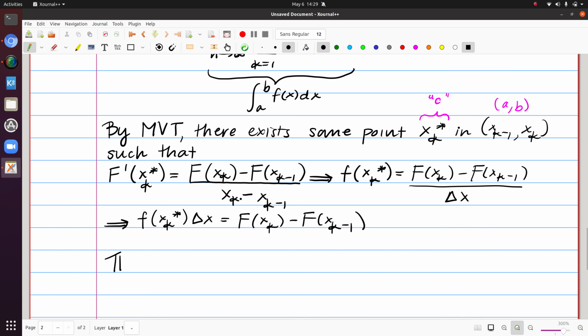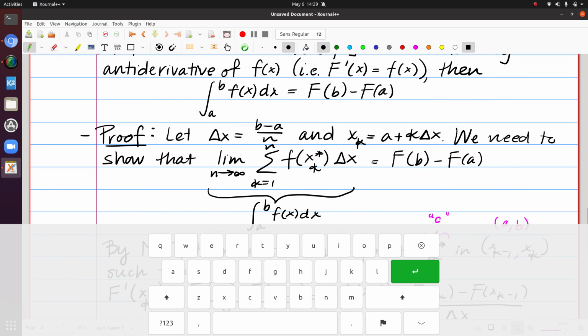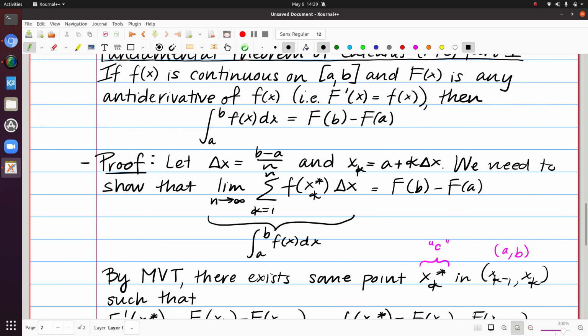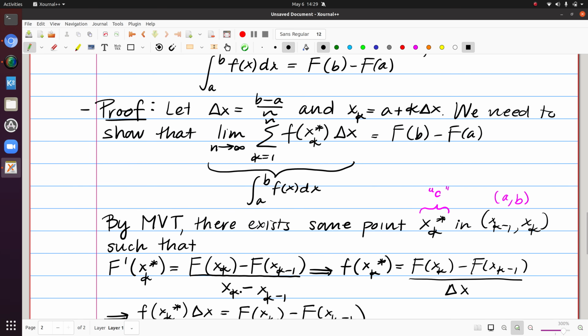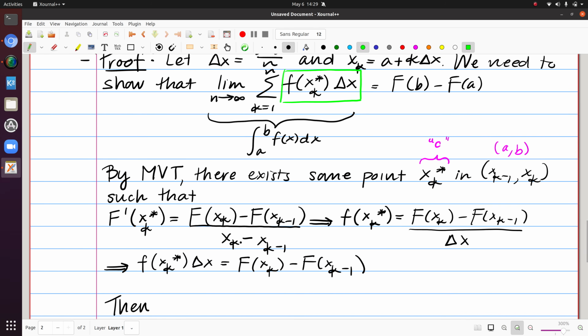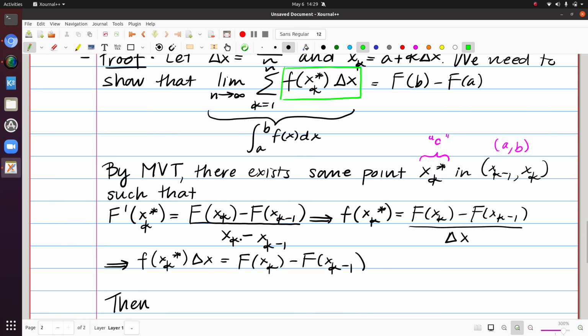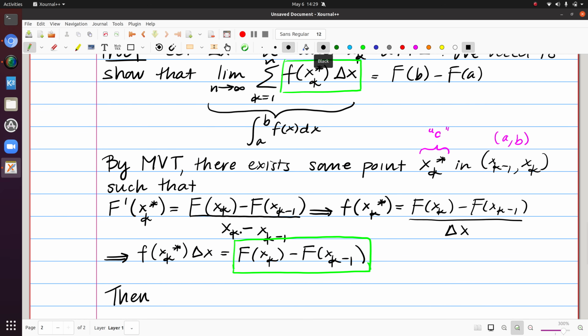Okay, so let's go back to the desired goal. Remember, we need to show that the limit of this sum is equal to big F of b minus big F of a. Well, at this stage, I've just seen a way that we can rewrite this part from the mean value theorem. So let's think about that for a moment.